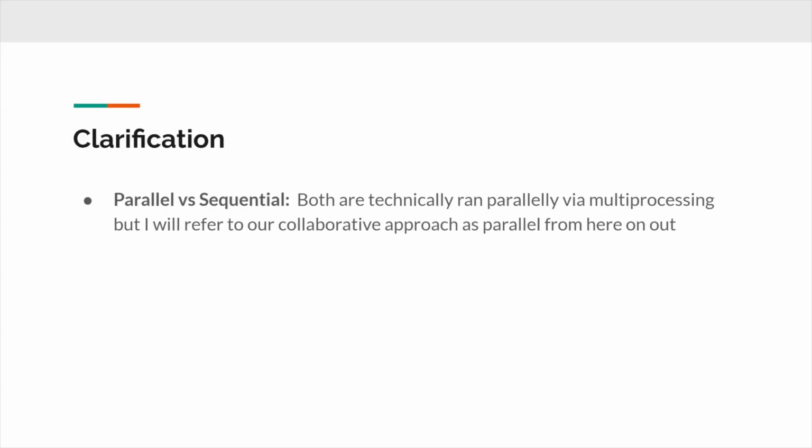And just a quick clarification before I show more graphs: they're going to show parallel versus sequential. Both are technically run in parallel through multiprocessing, but I refer to the collaborative approach as parallel.